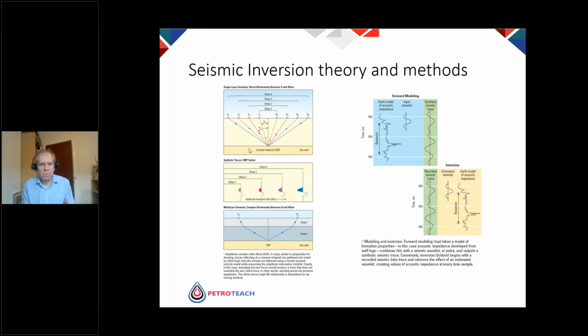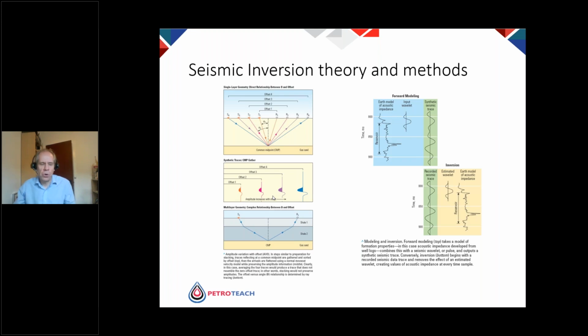So 0 to 10, 10 to 20, 20 to 30, 30 to 40. Depending on the angle of incidence, we pick out the data and stack it up. And what we're hoping for is to see some variation with offset, because that will hopefully tell us about fluids.